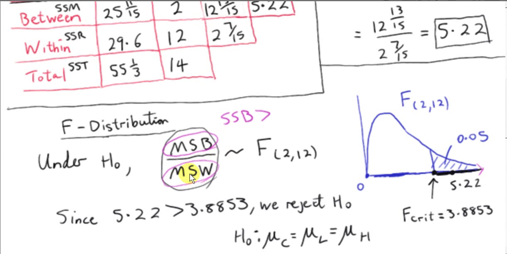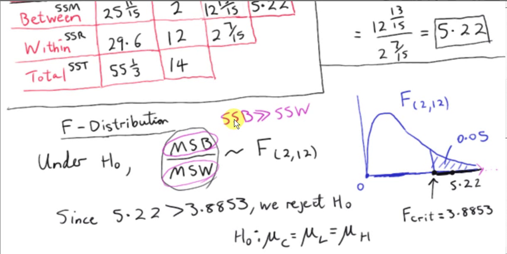If sum of squares between is greater than sum of squares within, well, the F value will be greater than 1. And if sum of squares between is much greater than SSW, it will push the F value further and further away. Sum of squares between is a measure of variation of the group means about the grand mean.